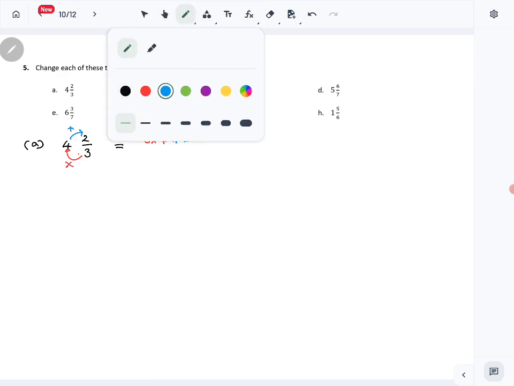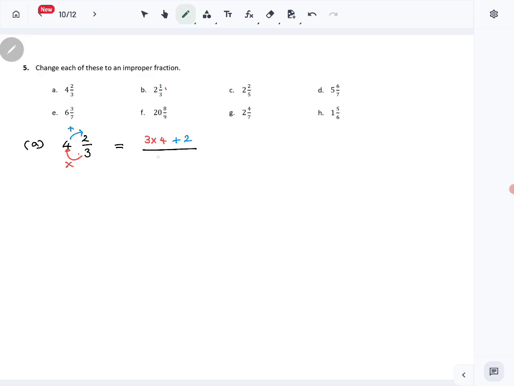So the numerator is 2 now. You add that to the product, 3 times 4. You add the numerator and keep the same denominator. Now simplify the numerator. 3 times 4 is 12. 12 plus 2 over 3. So 14 over 3 is the improper fraction of this mixed number.